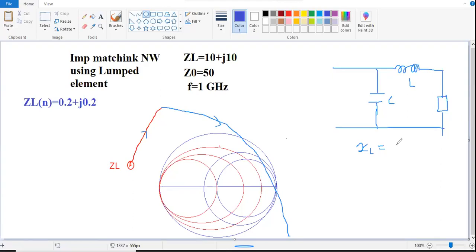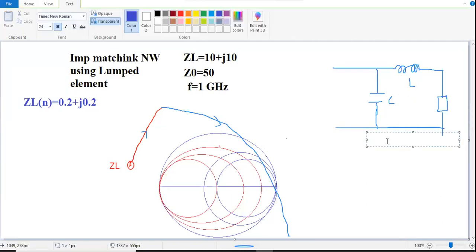Small XL means what? It is the reactance, as it is in series.